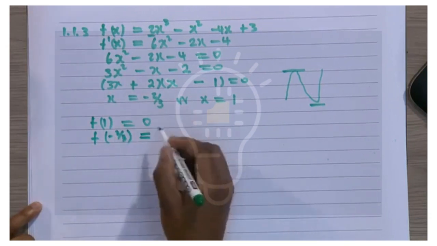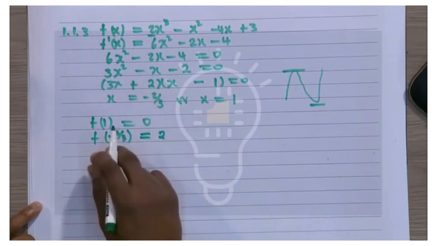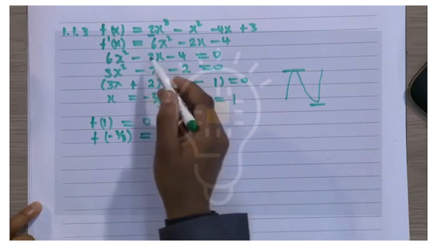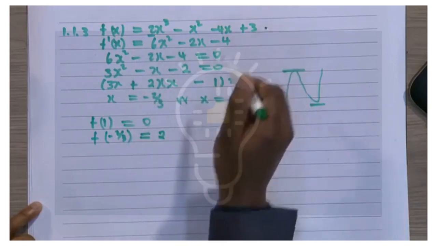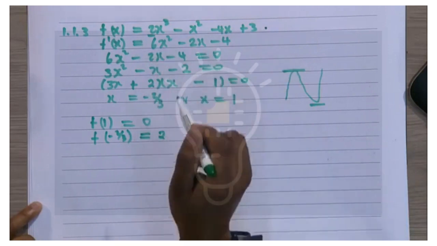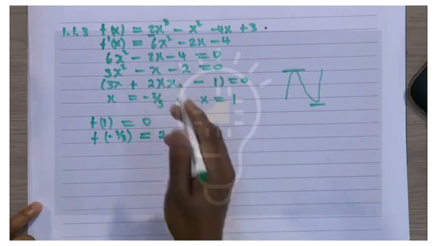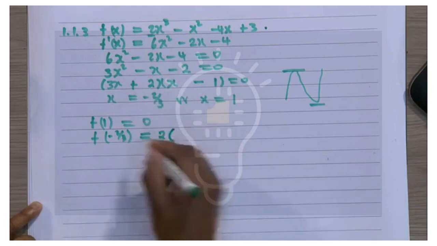So if we are doing the substitution, remember, learners, don't make that mistake of substituting into the derivative. Always substitute into the original function, because once you substitute into the derivative, your answer will be 0. So we substitute into the original function. So let's do the substitution.